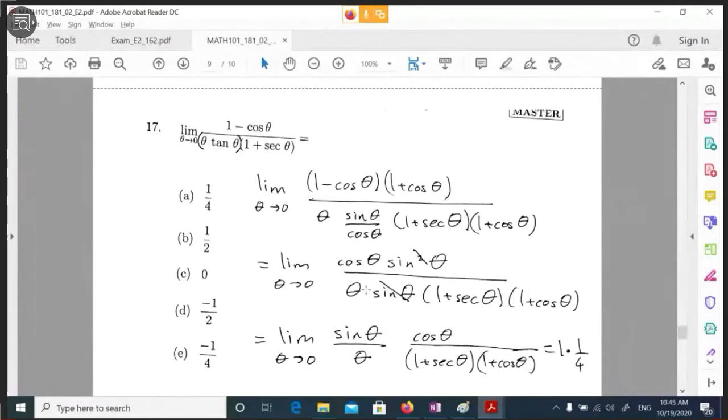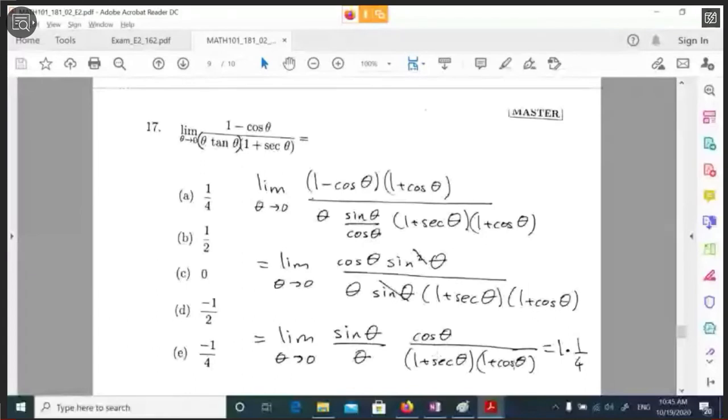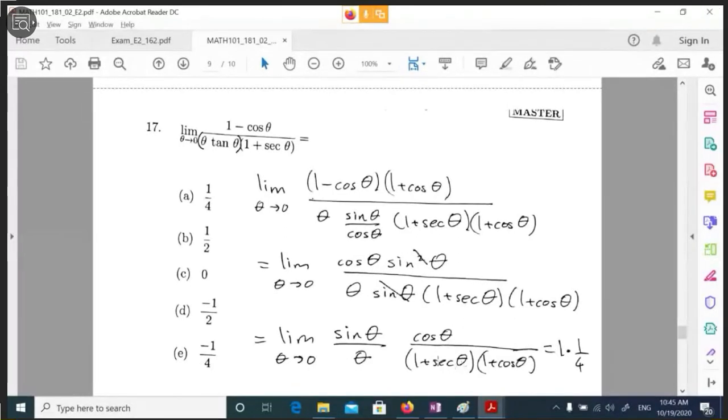And you multiply everything by cosine of theta over this product here. The product here is just 4, because theta is going to 0. Secant of 0 is 1, so it will be 1 plus 1, which is 2. And cosine of 0 is 1, so 1 plus 1 is 2. So it will be 1 over 4 times 1.